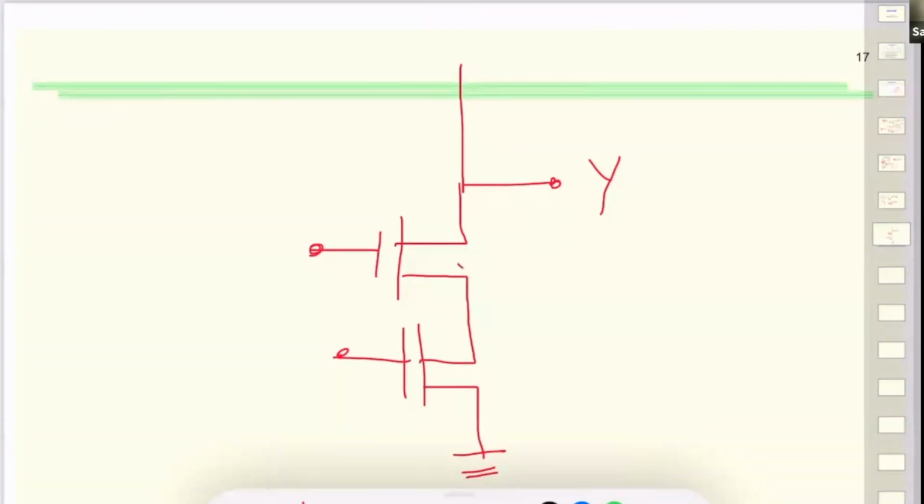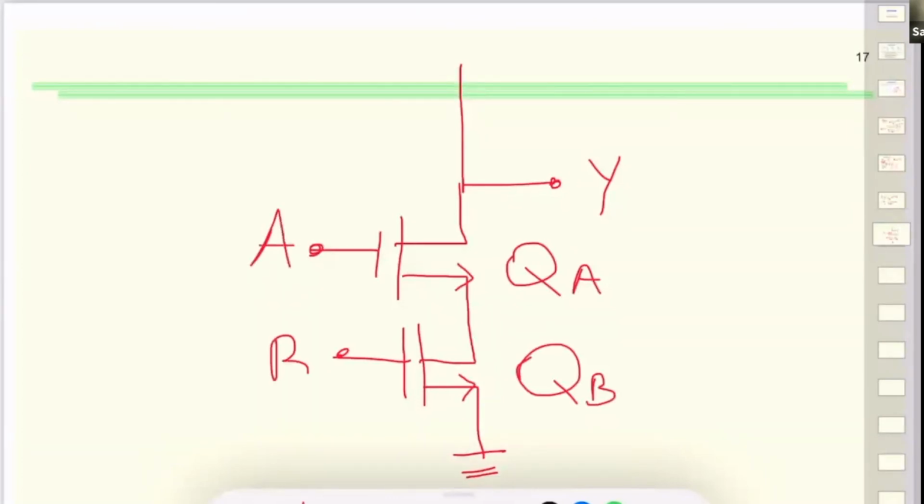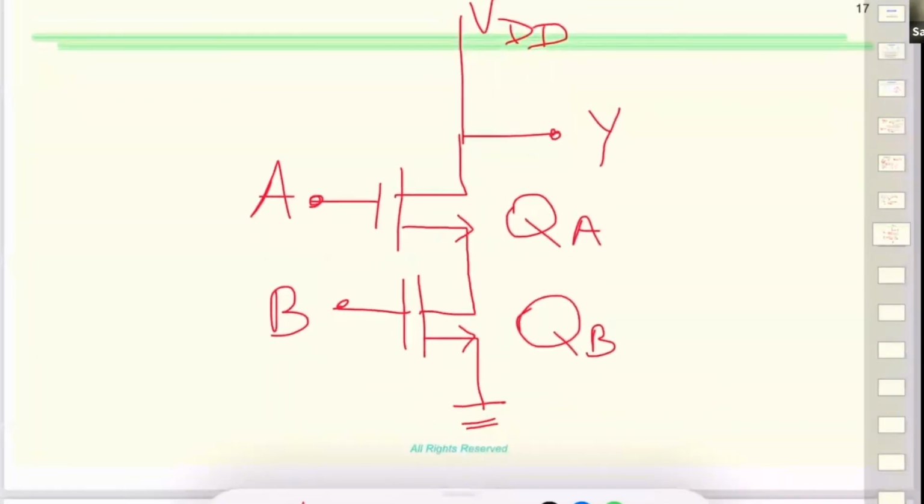And my arrow tells you what kind of transistor I am using or what kind of network I'm using. So that's my A, that's my B. All right. So is it pull up or pull down? Are these pull up networks or pull down networks?